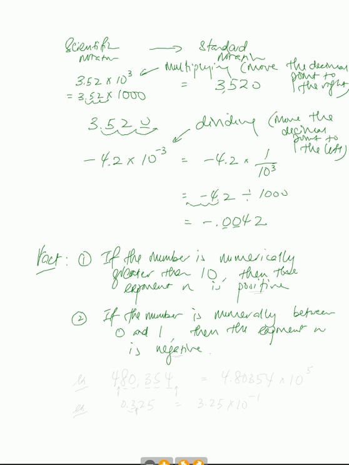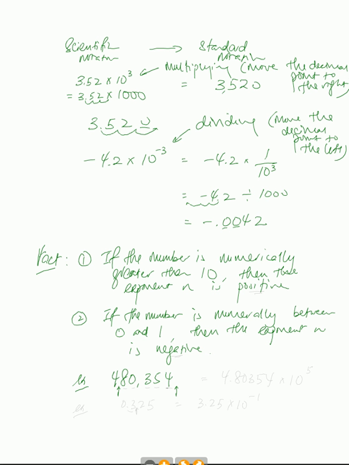Take for example 480,354. It's a big number, way more than 10, so you would expect the exponent to be positive. You need to move the decimal point to the first place right after the non-zero digit.